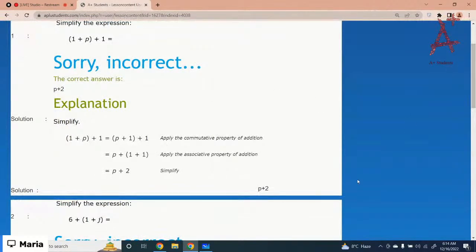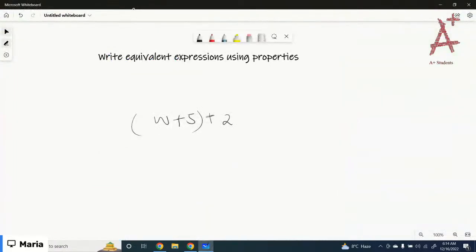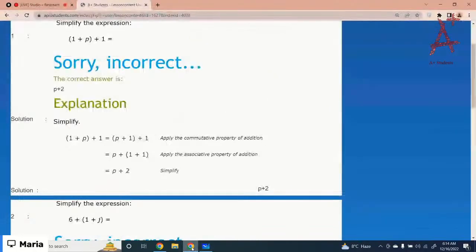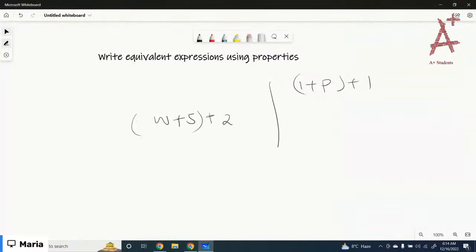Okay, let's start with the example 1 plus p plus 1. Got it? So first of all, we're going to apply the commutative property. The commutative property means the order doesn't matter in what order you write the numbers.